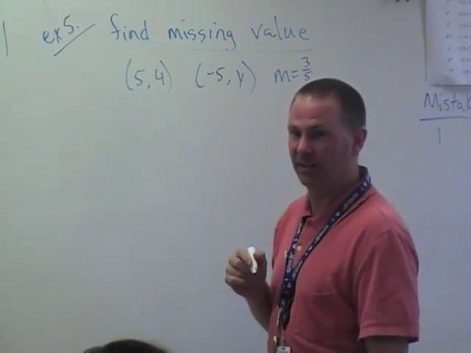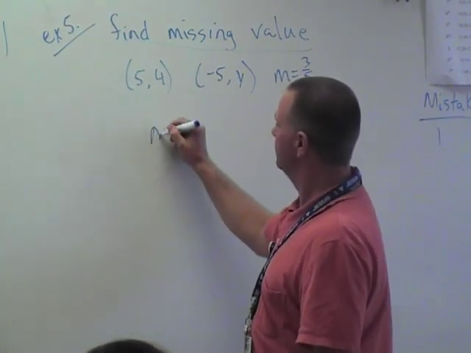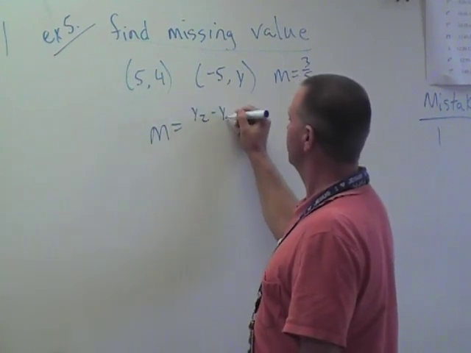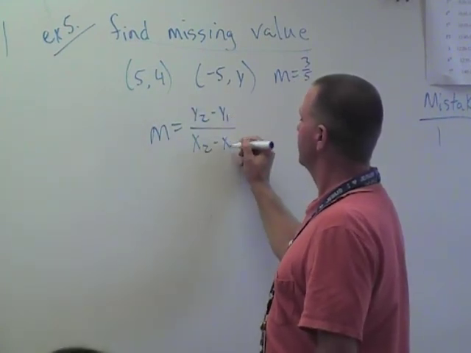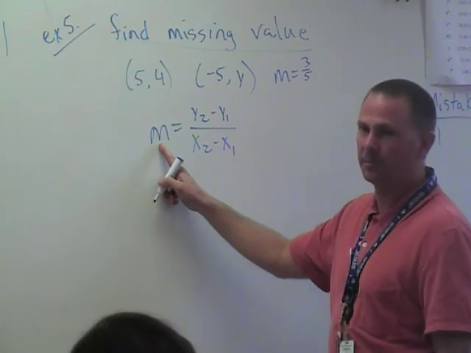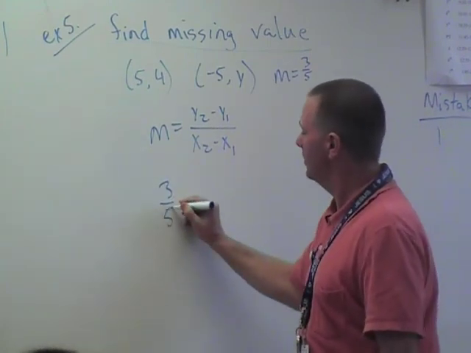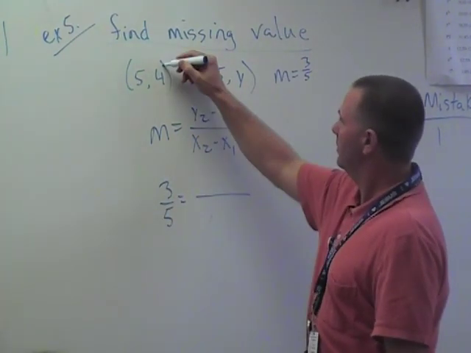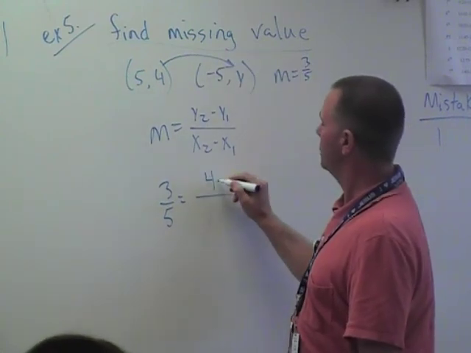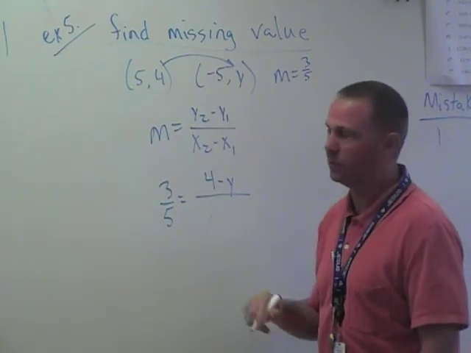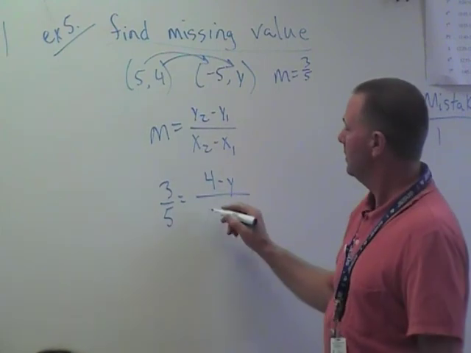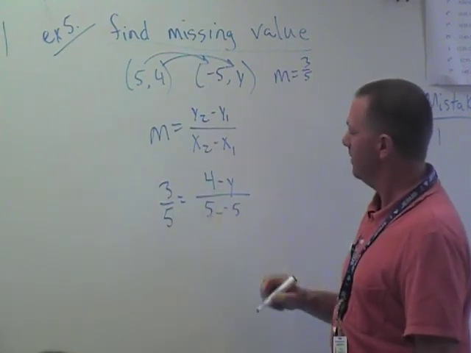Slope is y2 minus y1 over x2 minus x1. Okay, don't we know slope? 3/5. And I don't care how you do it. 4 minus y, you could do y minus 4, that's okay. Just go the same direction. Over 5 minus negative 5.